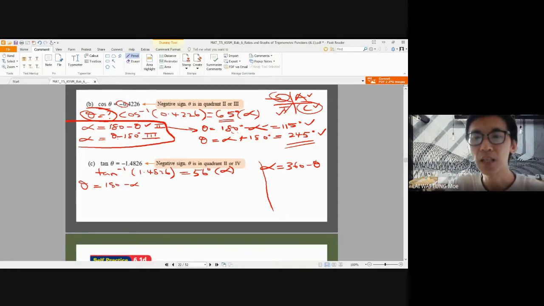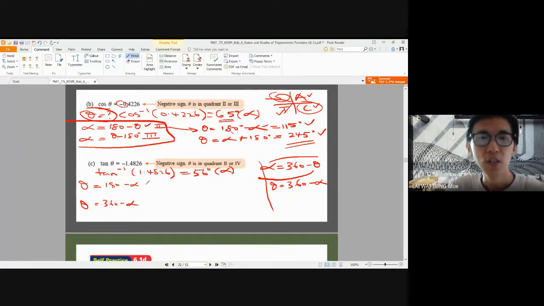So nak cari theta, just pindah tempat. Ini pergi kiri, ini pergi kanan. So dia akan menjadi theta sama dengan 360 minus alpha. This is for the fourth quadrant. Now substitute your value of alpha into the formula.